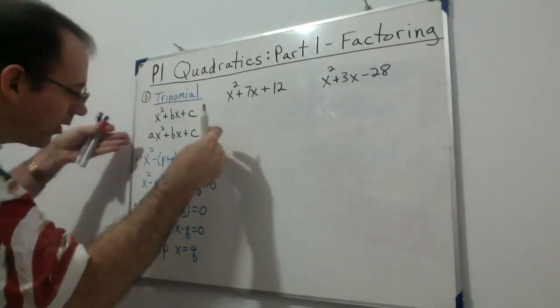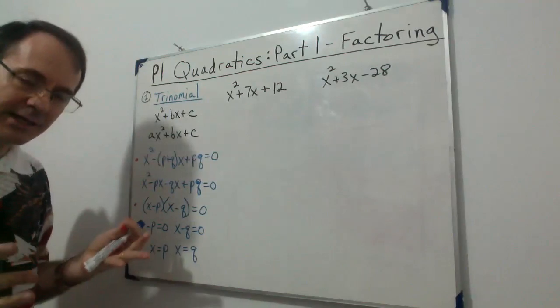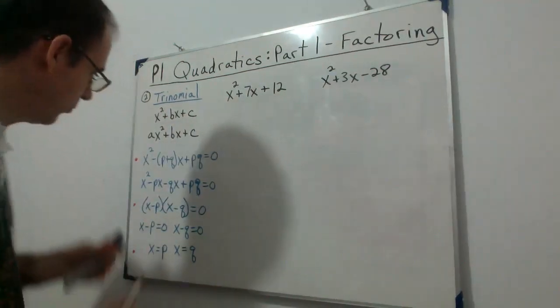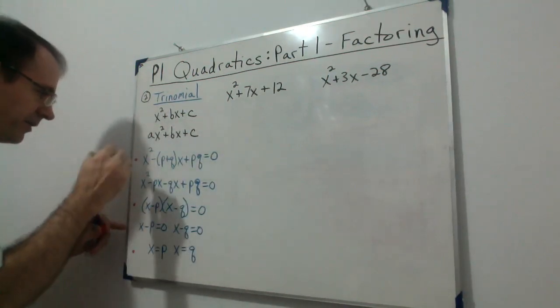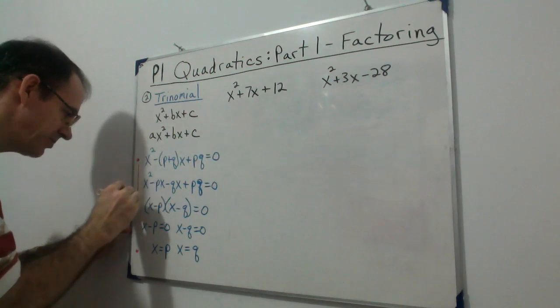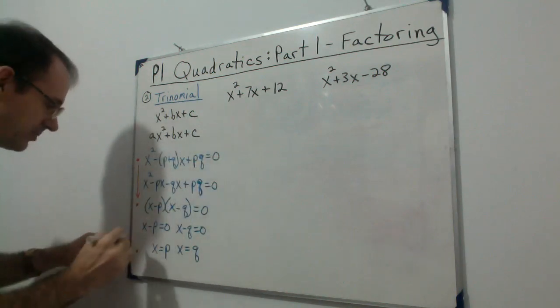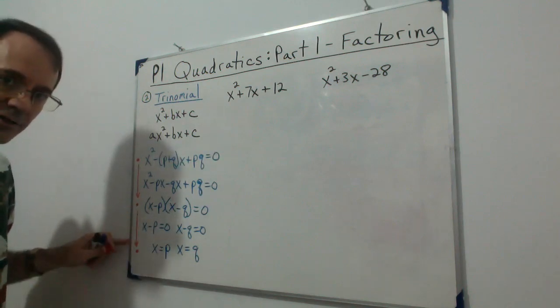And in our working down to the solution, we go through this factoring level. That's why we're learning how to factor, so that we can get from the equation to the solution. So this goes in this direction. We should be able to take our equation and factor it, and then from our factors, we should be able to find the solution.